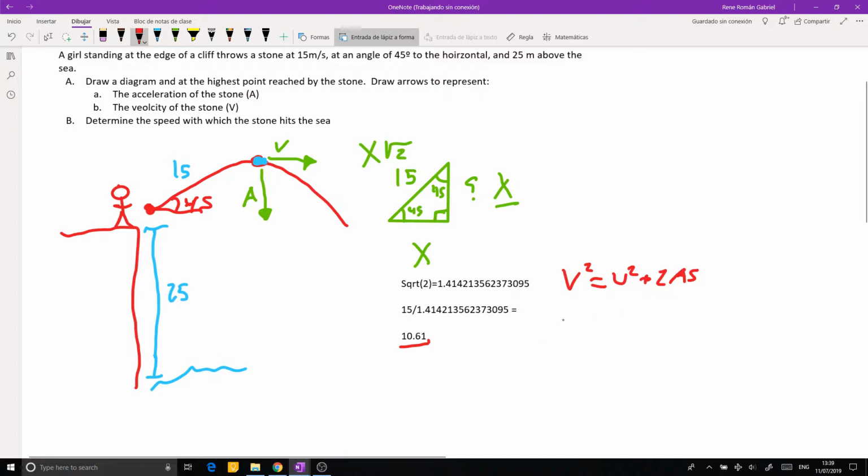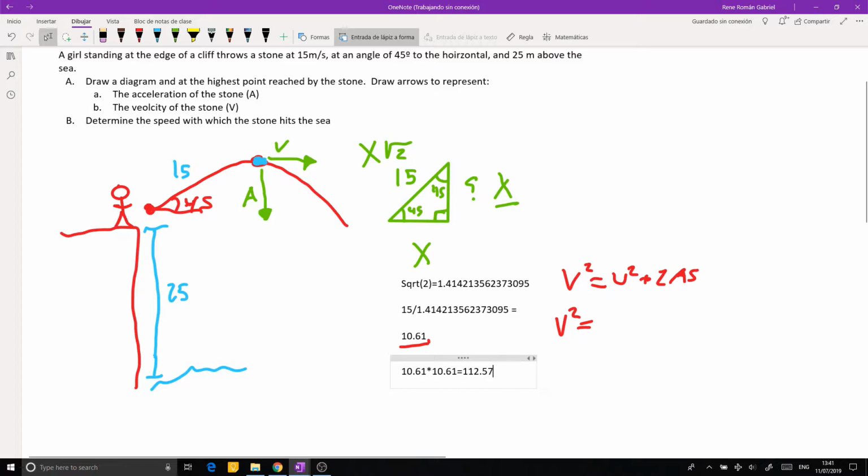And so v squared equals 10.61 squared, which is, let's just put it in the computer, 10.61 times 10.61, which is 112.5721.